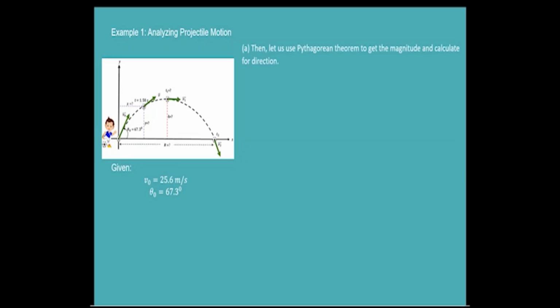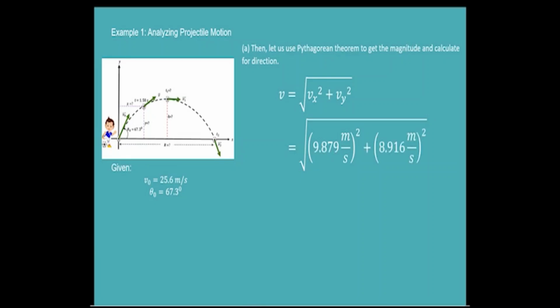Now, let's use the Pythagorean theorem to get the magnitude, and let's calculate the direction using tangent theta. V, or the magnitude, is equal to the square root of v sub x squared plus v sub y squared. Substituting the values, we have 9.879 meters per second raised to the power of 2, plus 8.916 meters per second raised to the power of 2. Getting the squares, adding both, then getting the square root, the magnitude of our velocity vector is equal to 13.31 meters per second.